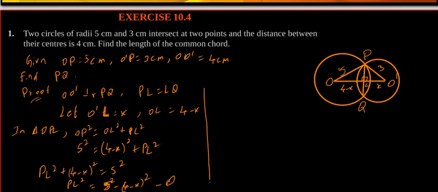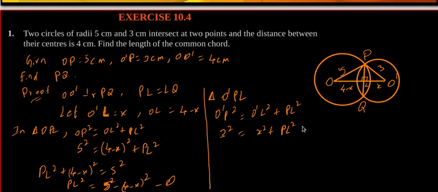From the second triangle, in triangle O dash PL, we can also apply the Pythagoras theorem: O dash P square equal to O dash L square plus PL square. O dash P is 3, so 3 square equal to O dash L square, which is X square, plus PL square.